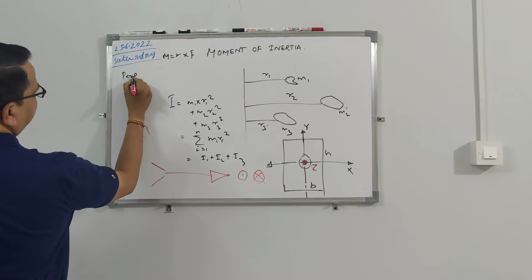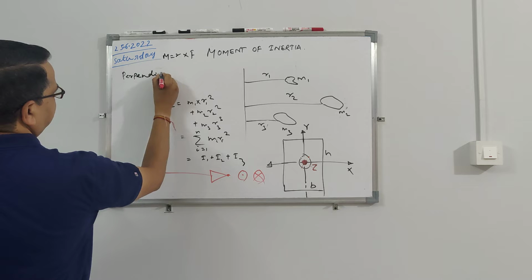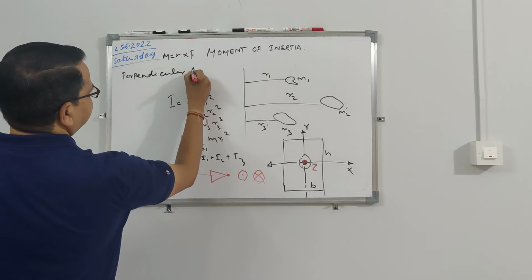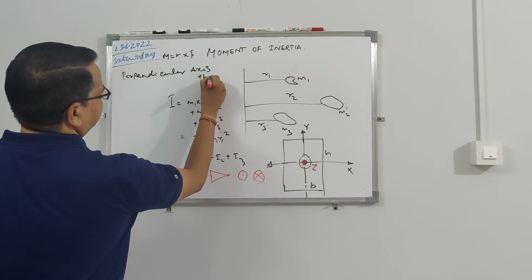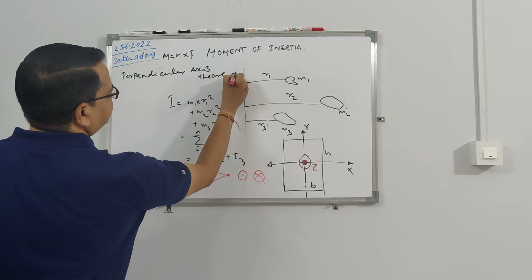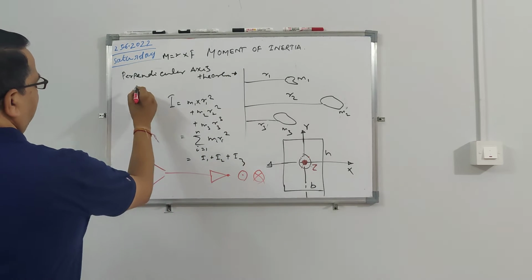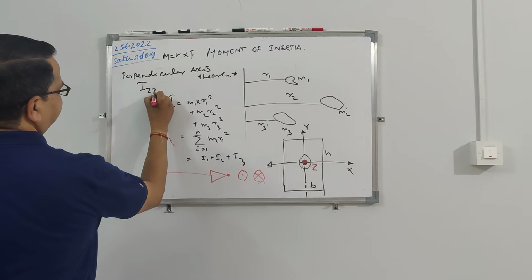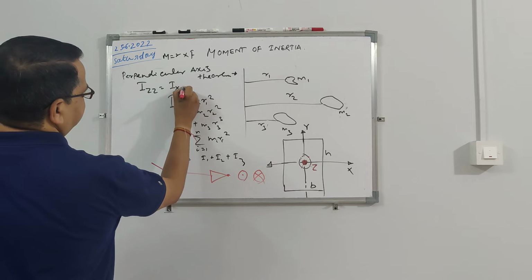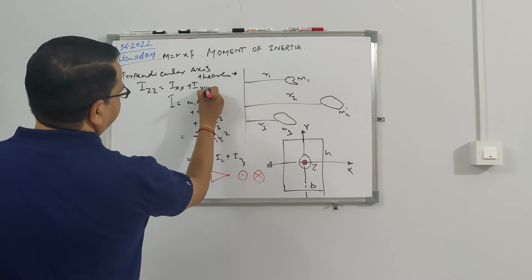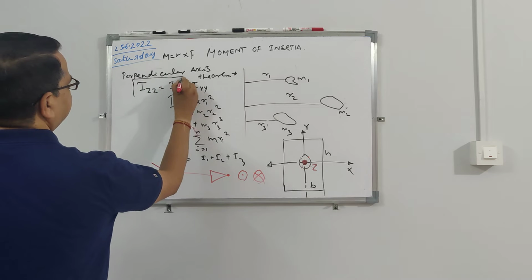One is called the perpendicular axis theorem. As per that, the moment of inertia about zz is equal to Ixx plus Iyy.